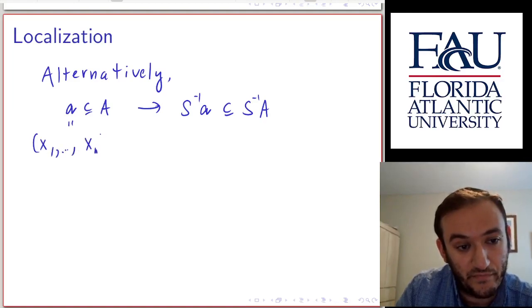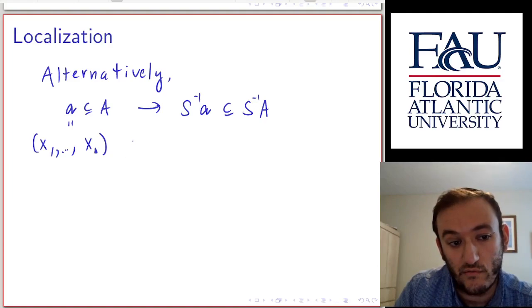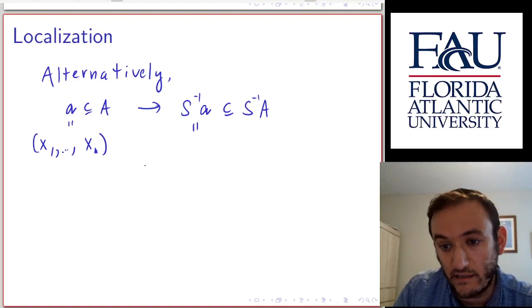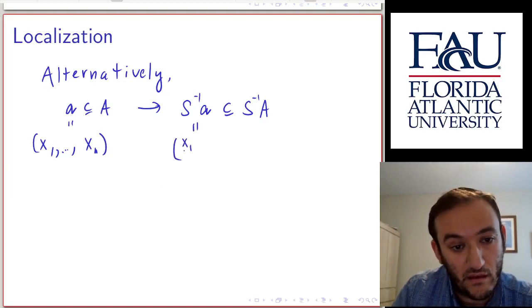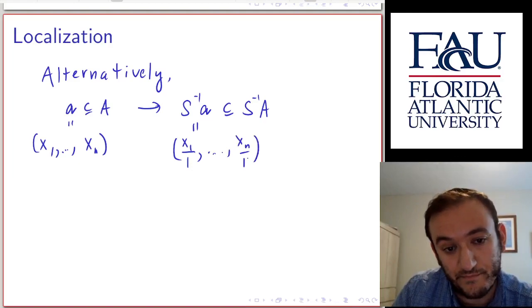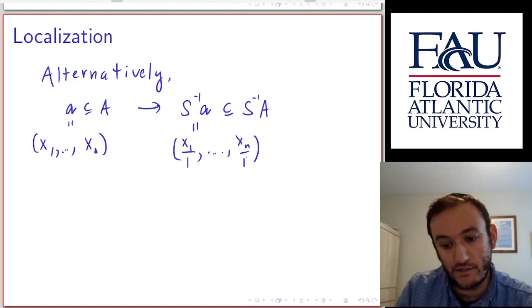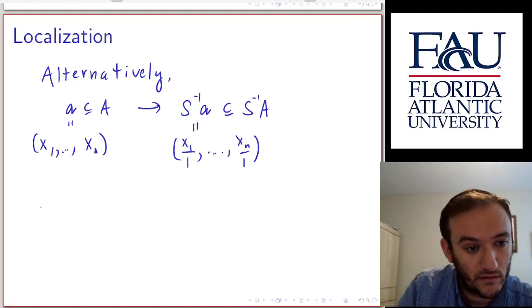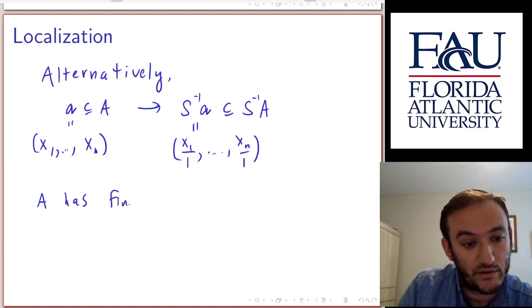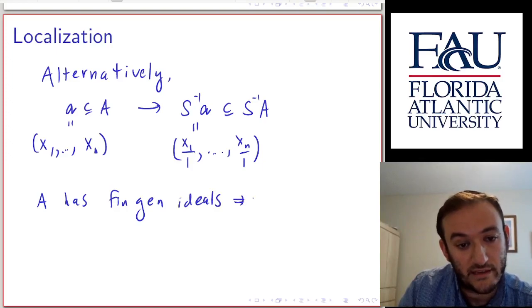And so this ideal will be generated by x1 over 1 through xn over 1. So you also have finite generation of ideals in the localization. So A has finite generation of ideals implies the localization does.